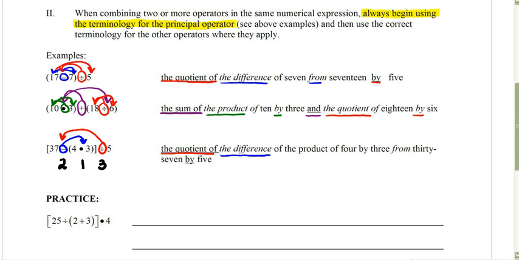On the right we see a product of 4 by 3. This product is taken from 37, and we finish using the last connecting word by 5.